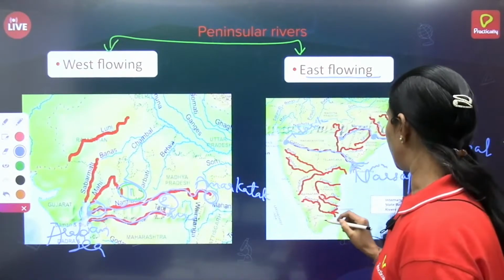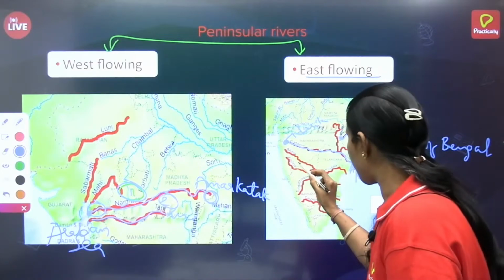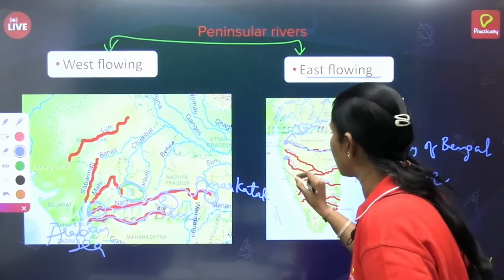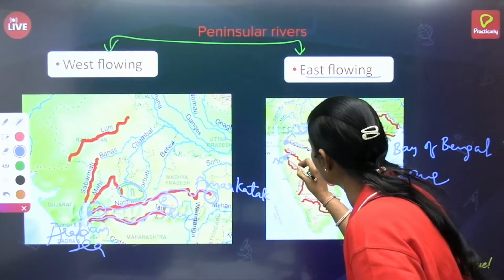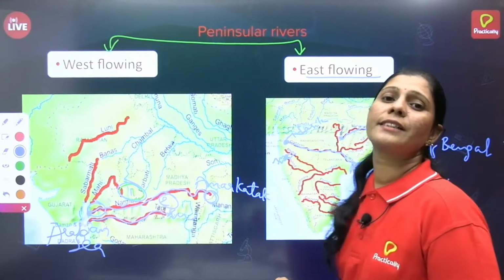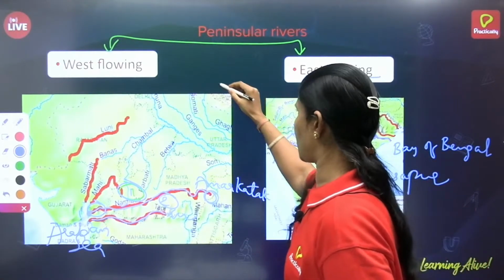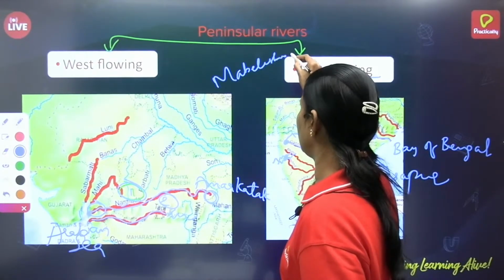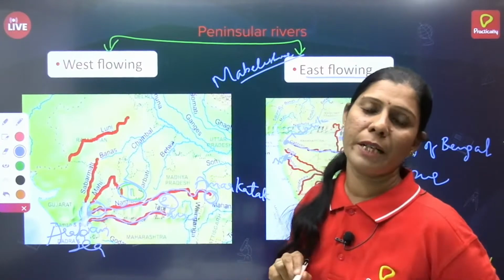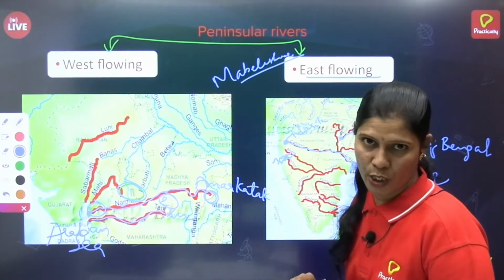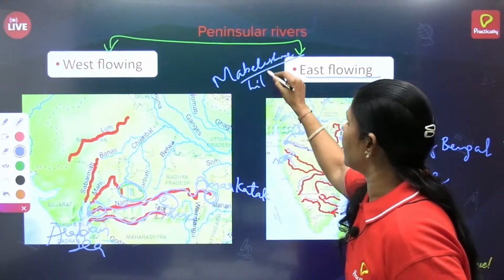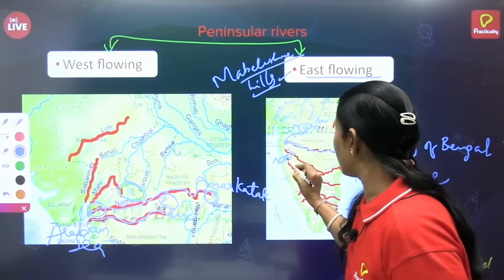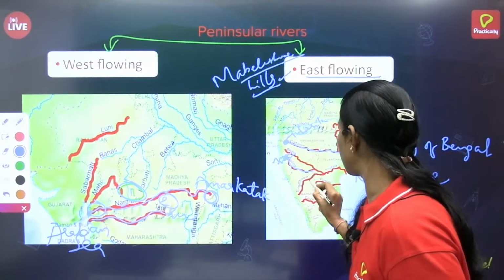Okay, and coming to the next one, Krishna. Krishna River starts from hills. It's Mahabaleshwar, not Mahabaleshwaram. It's a very good place to visit. Mahabaleshwar is a hill station even. Here in these hills at Mahabaleshwar, it begins its journey and moves forward into Karnataka.